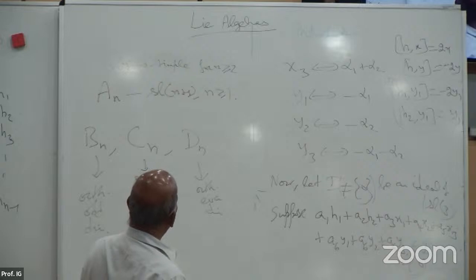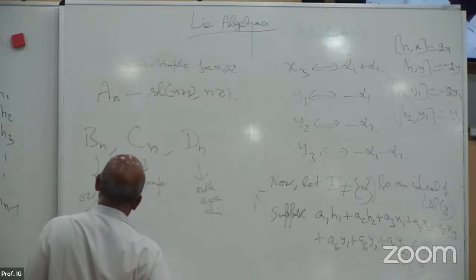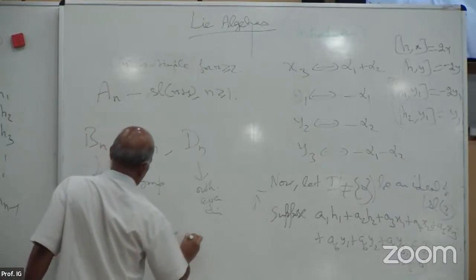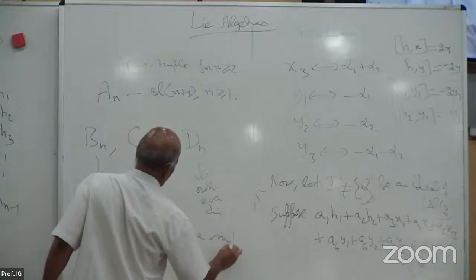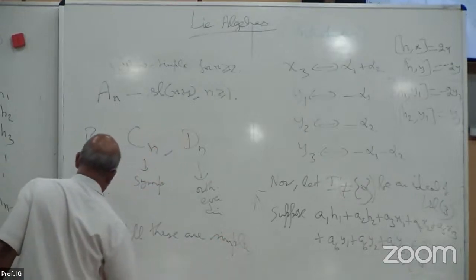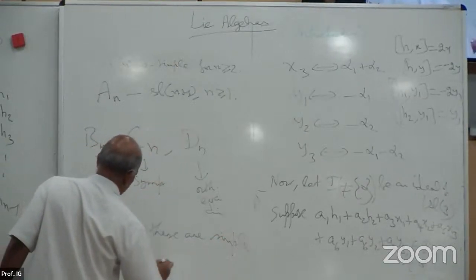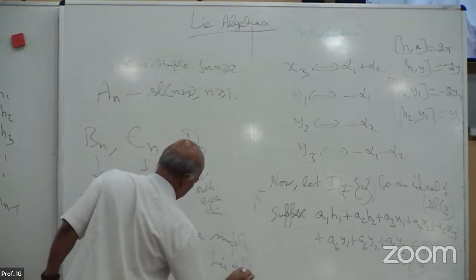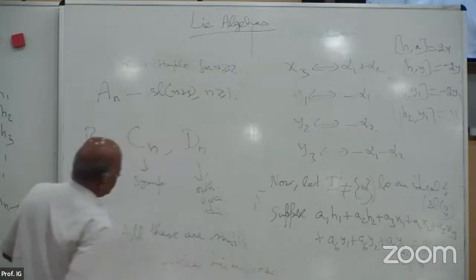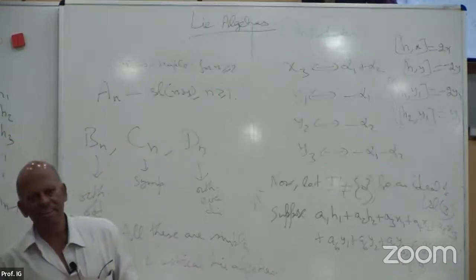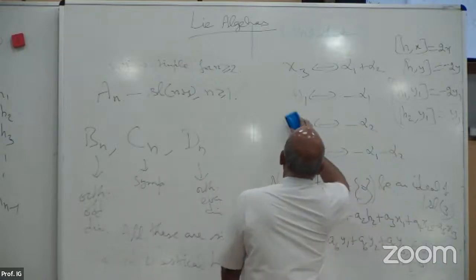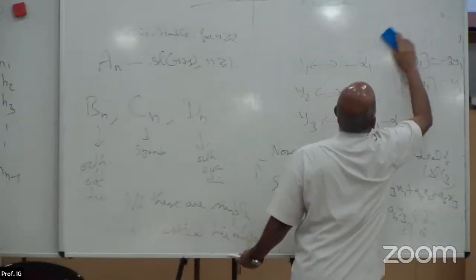People can have a look at Humphreys' book they have given, and it so happens that these are all called classical Lie algebras, and these are all the known simple Lie algebras, AN, BN, CN, DN. There are 4 classes.